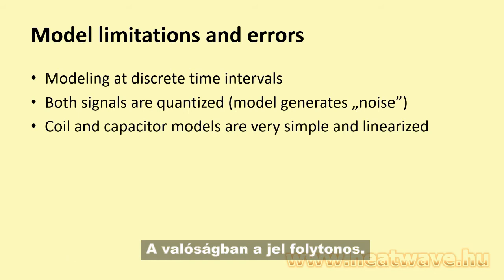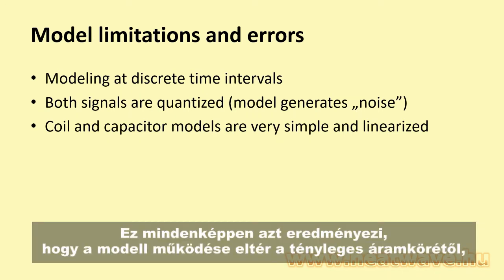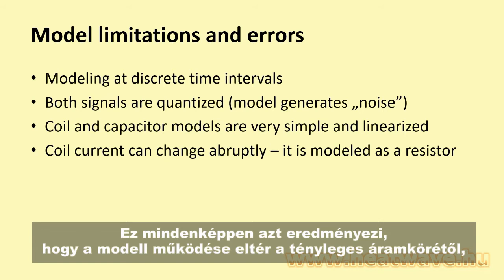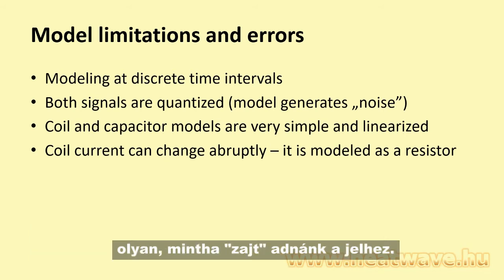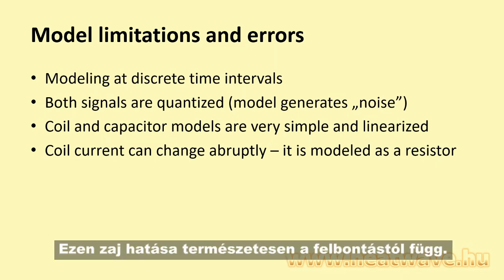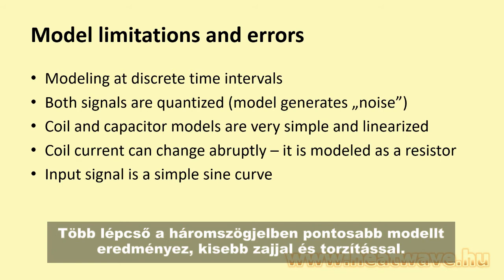In reality, the signal is continuous. This definitely causes the model to deviate from the real-life behavior of the actual circuit, as it appears like we add noise to the signal. The effect of this noise depends, of course, on the actual resolution. More triangle steps provide a more accurate model, with less noise and distortion.